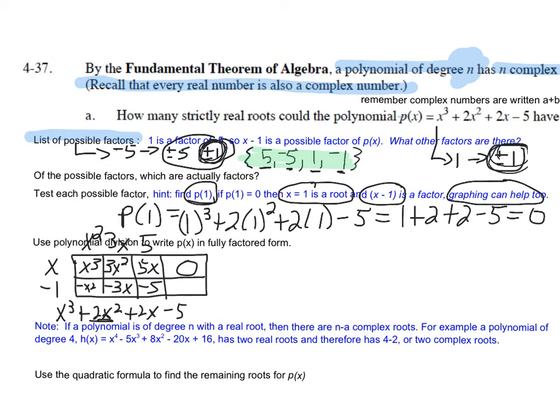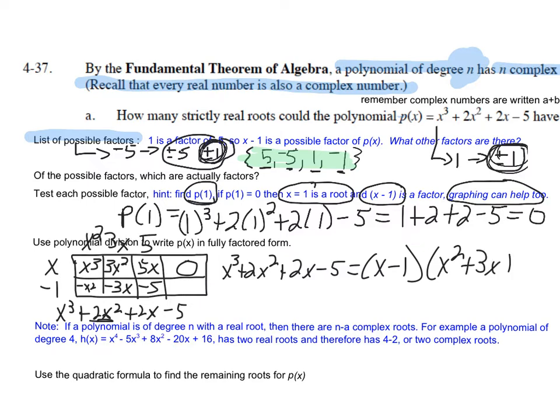So in factored form, my x cubed plus 2x squared plus 2x minus 5 equals x minus 1 times x squared plus 3x plus 5.